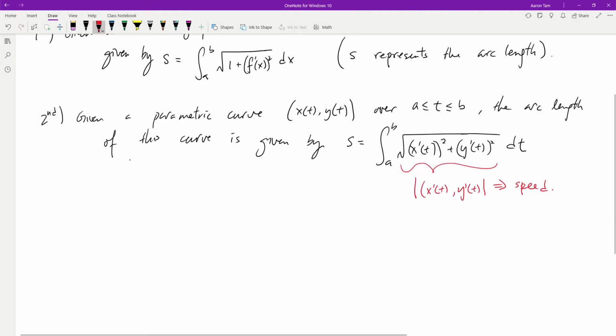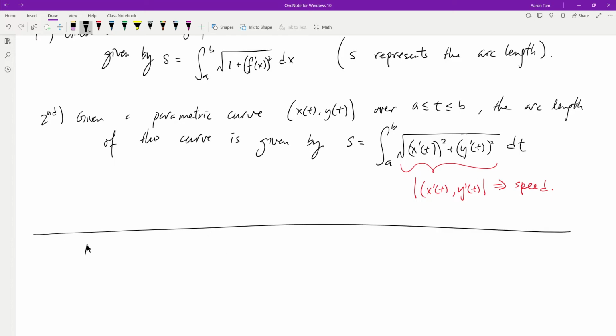And that leads into this definition, where we can now define what we call the arc length function, which can determine how long the curve is based on a particular time.